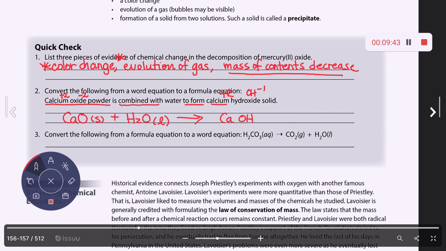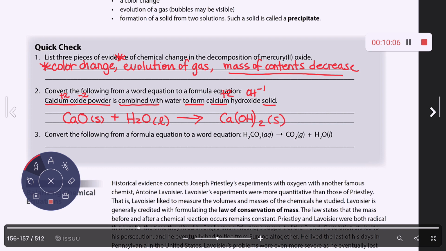Yeah, CaOH2. What would I do with the OH? Put it in parentheses because you've really got two hydroxides. Anytime you have a polyatomic ion, which hydroxide is, you have to put it in parentheses if you're writing more than one of them. This is a solid, so I put a little S after it. Does that make sense what I just did?